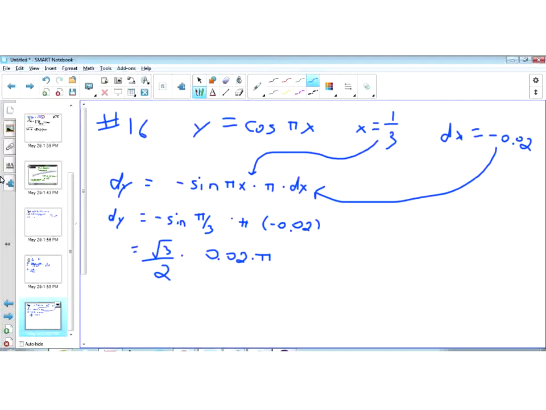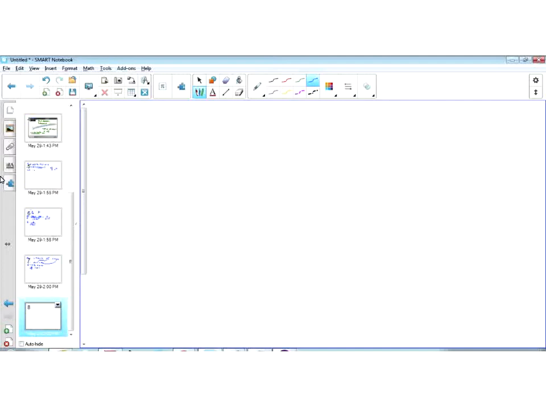Question 20 asks, we want to compute delta y and differential of y for the given values of differential x, and then sketch a diagram showing the delta y and differential y, delta x and differential x.